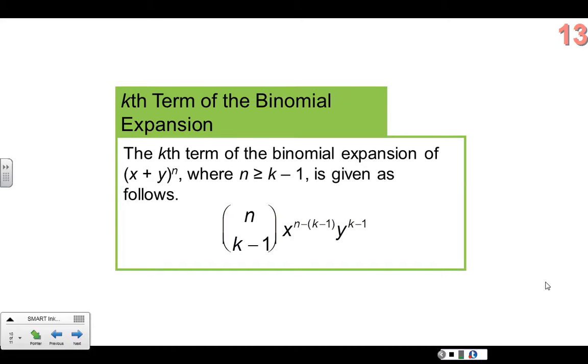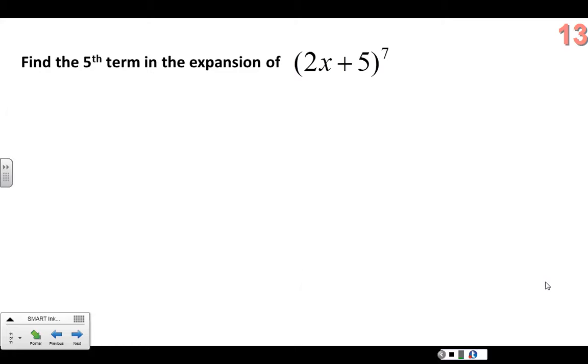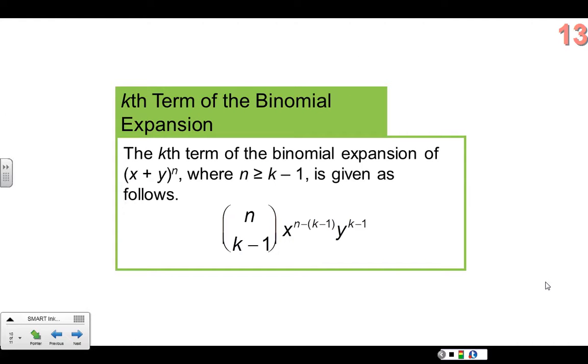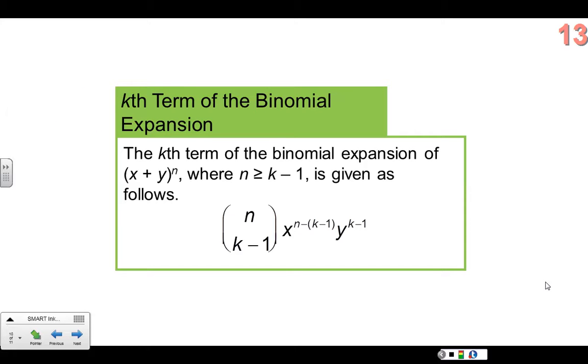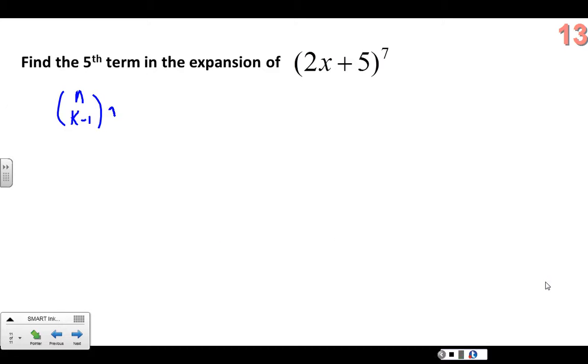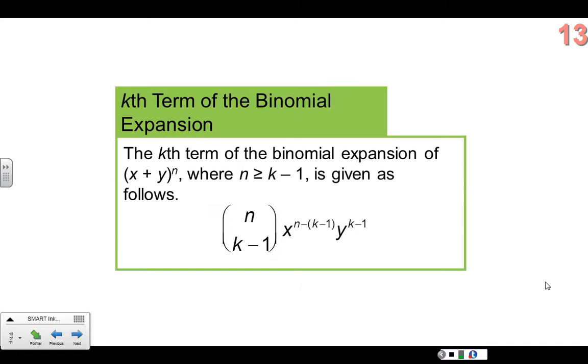So 7 choose 4, x to the n minus k minus 1, and y to the k minus 1. So let me write that down so we can use it again. n choose k minus 1, x to the n minus k minus 1, and y to the k minus 1.